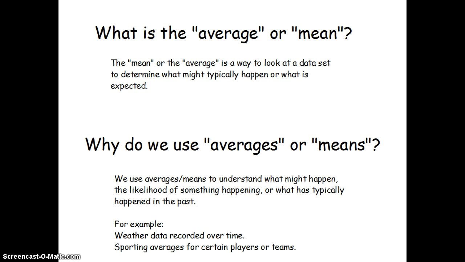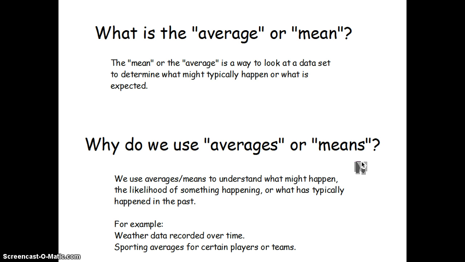What is it? The mean or the average is a way that we can look at a data set to determine what typically might happen or what is expected. And so why do we use averages or means? We use them to understand what might happen, the likelihood of something happening, or what has typically happened in the past.